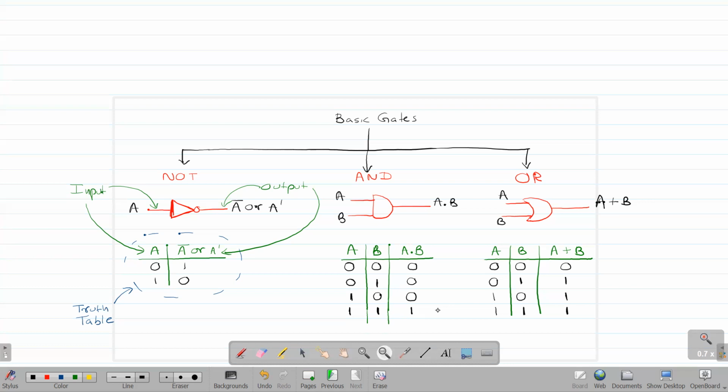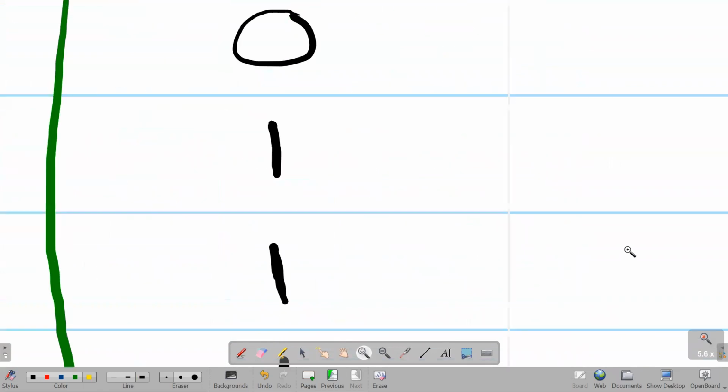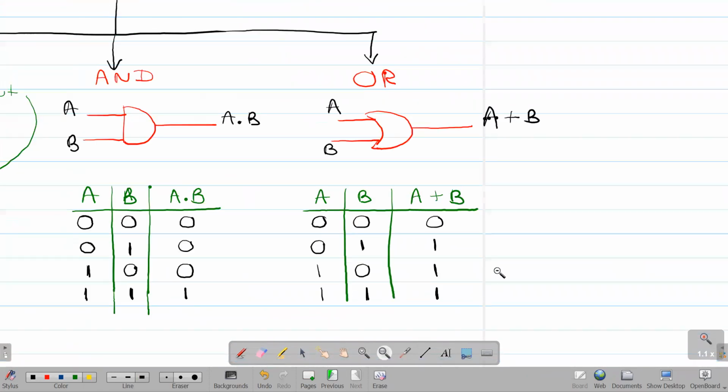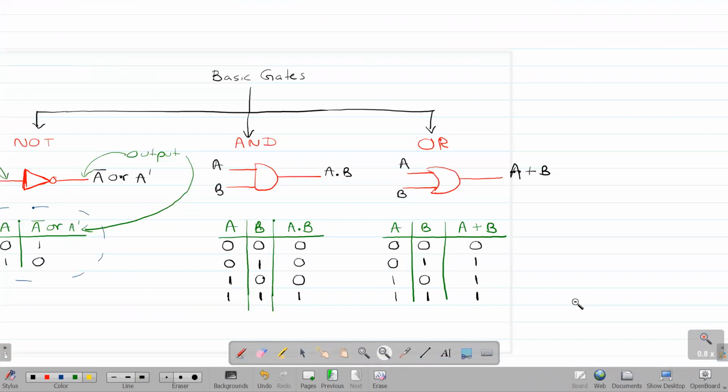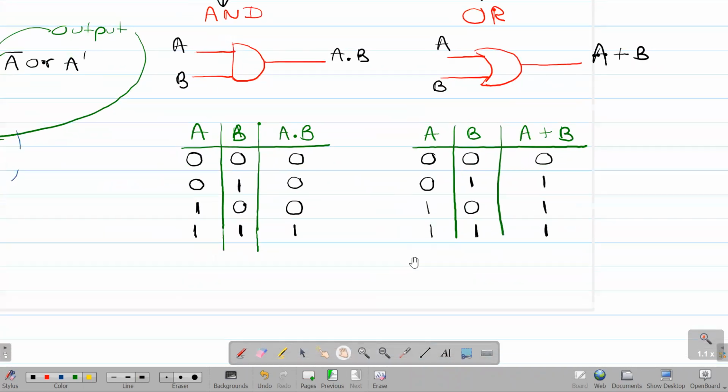All right. So now I'm going to show you how the combinational gates are being formed. These are the basic gates. Combinational gates are going to happen like this.